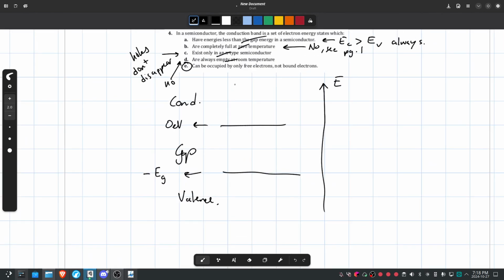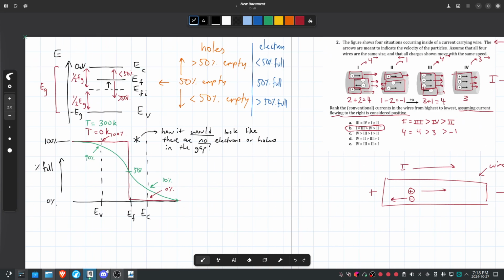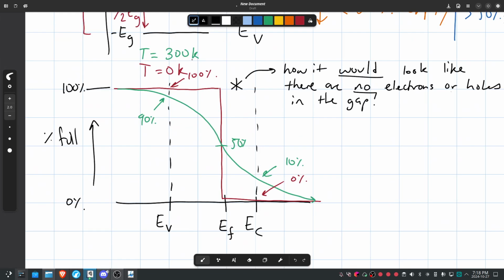Can you explain D again? Okay, at room temperature, you can also refer to the same graph here. We drew this graph at T equals 300 K. We can see that in the conduction band there are electrons, because there's going to be some spillover right in this section here.